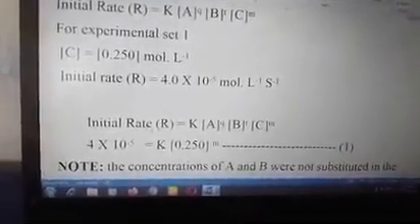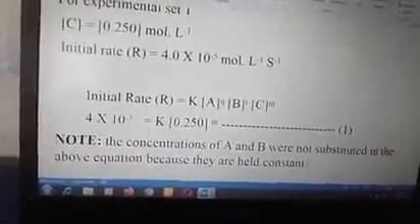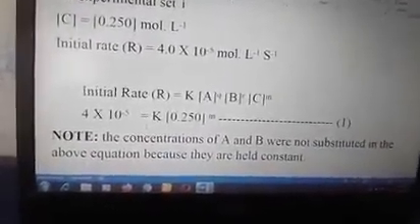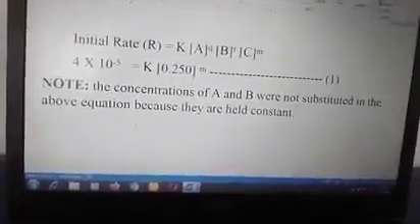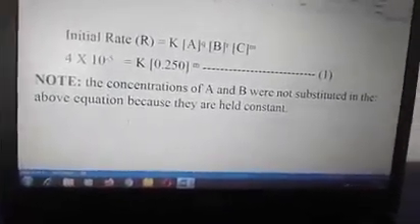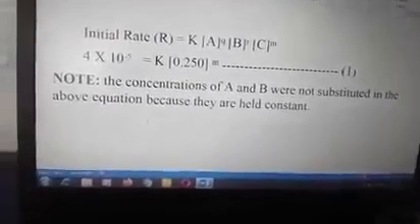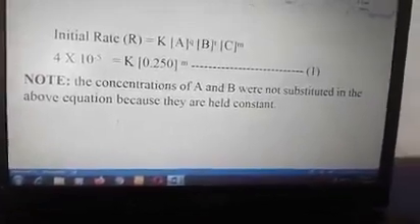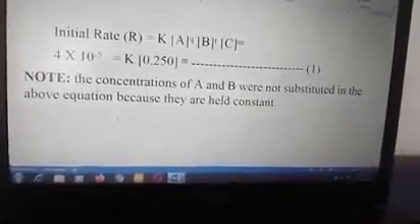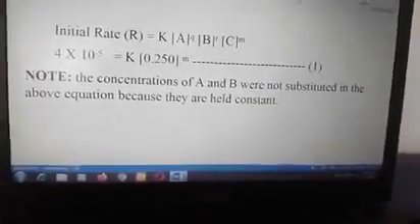So we substitute there, replacing rate with 4.0 times 10 to the power minus 5, replacing C concentration with 0.250, and of course the order with respect to C is M. You see M there. That becomes equation number 1. We note that the concentrations of A and B are not substituted in the above equation because they are held constant.